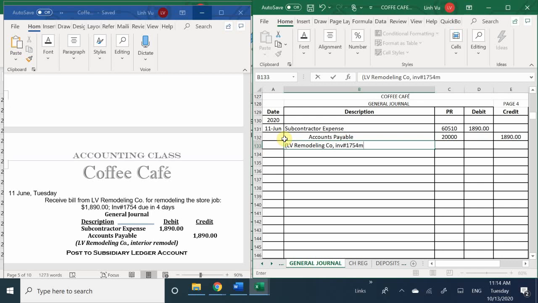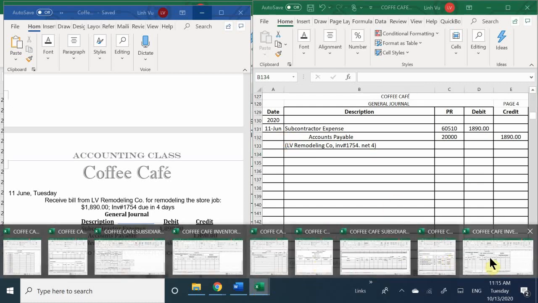And when is it due? Yeah, net 4. Net 4 because it's due in 4 days, so that means the whole thing is due in 4 days, which is net 4. Okay, so let's go ahead and update our ledger.